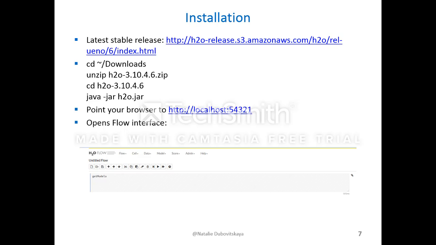The latest stable release is available at this link, and once you download a zipped file, the next thing you do, you navigate to the folder where you downloaded it, and basically you run these commands in your command line. It's going to take care of all the installation. And the next step would be to point your browser to this local host. And what that does in the installation process, it opens the Flow interface.